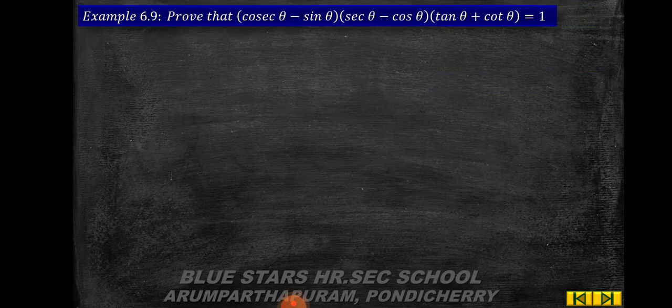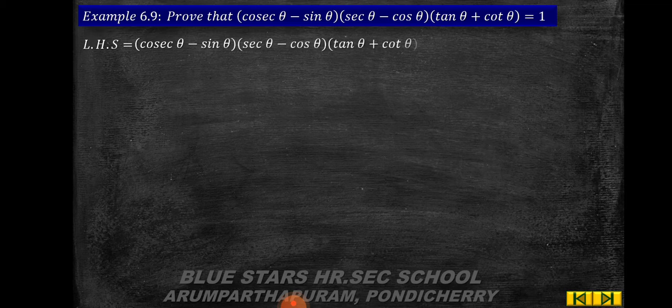Next example 6.9. Prove that cosecant theta minus sin theta into secant theta minus cos theta into tan theta plus cot theta is equal to 1. So take your left hand side: cosecant theta minus sin theta into secant theta minus cos theta into tan theta plus cot theta. We know the trigonometric ratios: cosecant theta is nothing but 1 by sin theta.